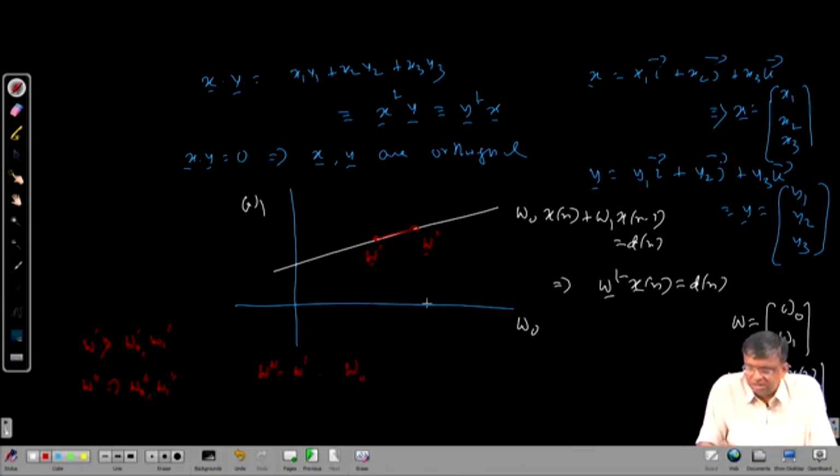So, on this axis, this much will be W0 double prime minus W0 prime, and on this axis, if you draw a line, it will be W1 double prime minus W1 prime.